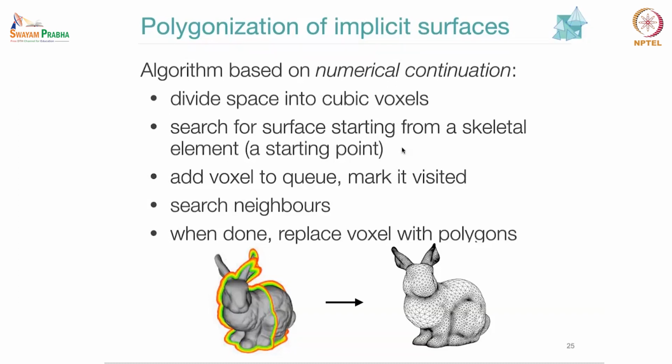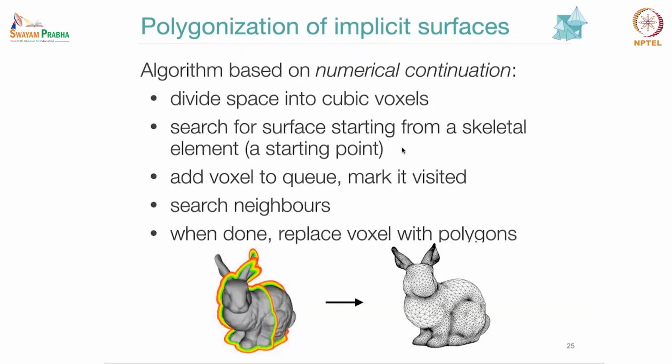If you are not interested in the zero level set, you need to identify all the volume elements or voxels in the grid that contain the ISO value. The ISO value could be 0 or anything else, but you search for all the voxels that contain it. That is, you have a cube with 8 corners, some of them on the lesser side of the ISO value and some on the higher side.